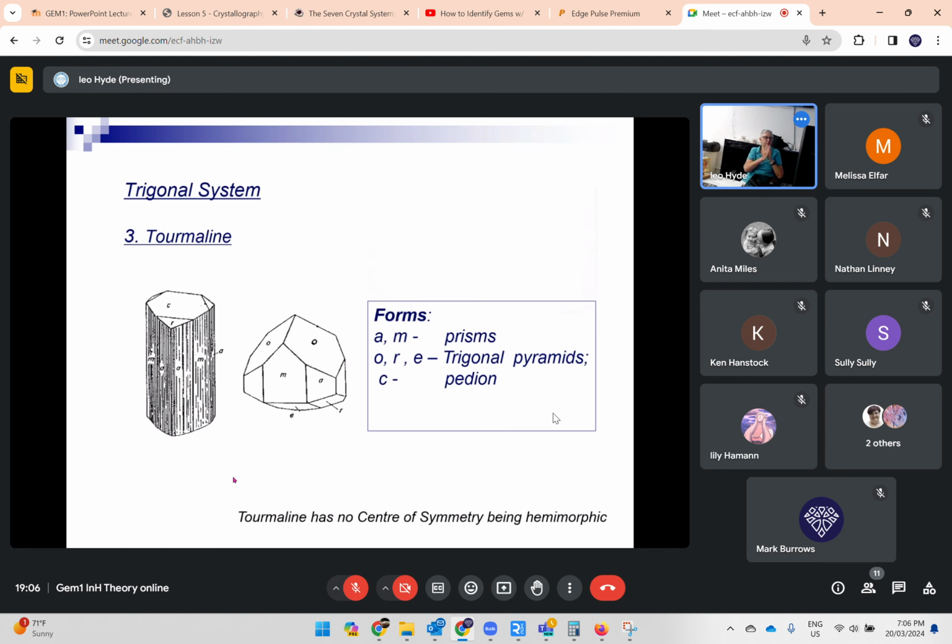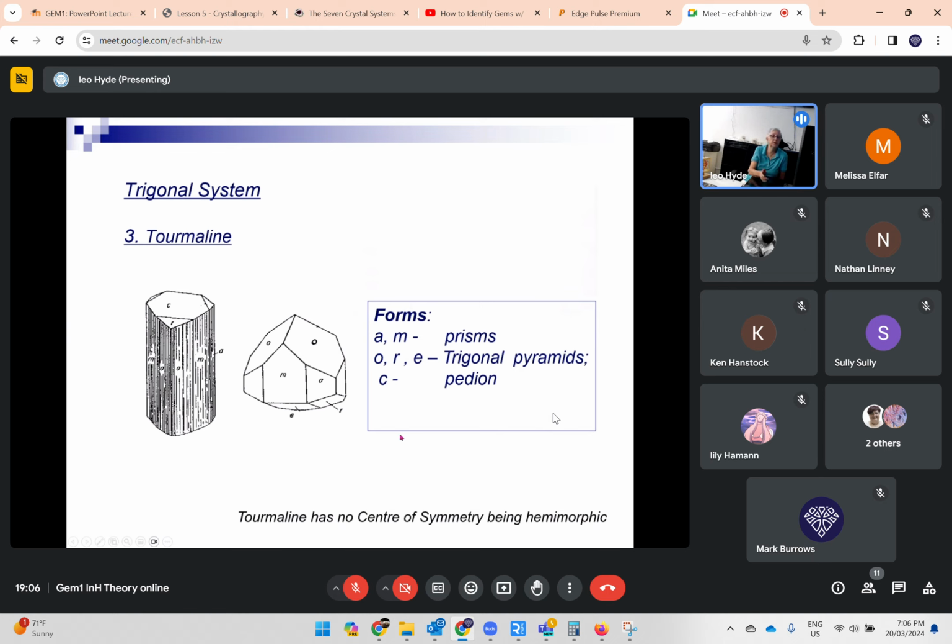Okay, now again we've got tourmaline, sometimes 6-sided, sometimes 3-sided when we look down the C-axis. Again, the terminations are going to be called a pedium on the bottom and trigonal pyramids, not bipyramids.